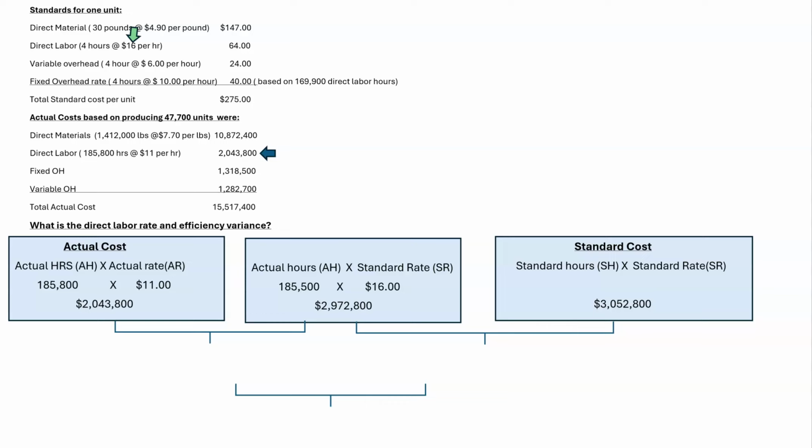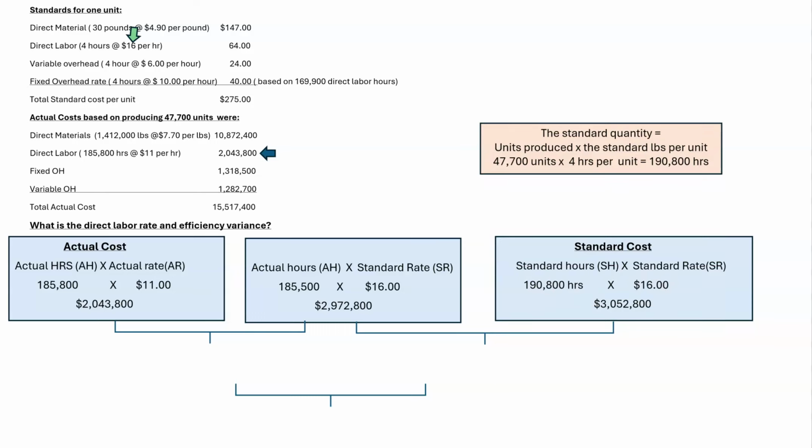And then we're going to take our standard cost, which is the standard hours times the standard rate. Now, how did we get that 190,800? Well, we took the units actually produced times the standard, that should be hours per unit, which gives us 190,800 hours.